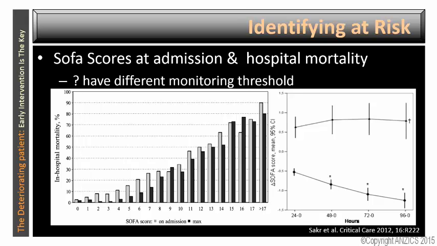So for example, you can use simple scores like SOFA scores at admission. If you look at the SOFA scores at admission to the hospital and their outcome, this is a SOFA score taken in the ED when they presented, and they looked at the outcome. If the patient has a high SOFA score when they present to the hospital, the chance of mortality is much, much higher, and you can use simple scores like this in cohorting these patients and monitoring them a bit more closely.